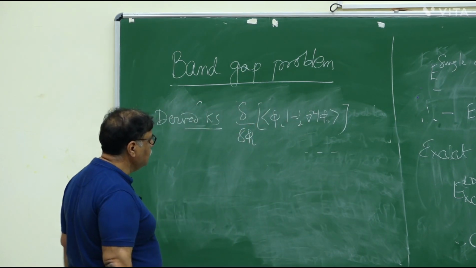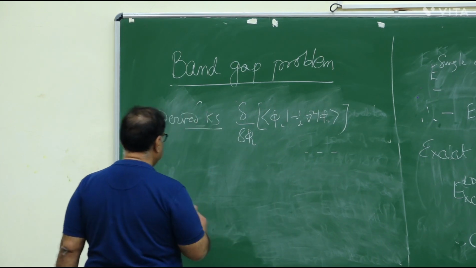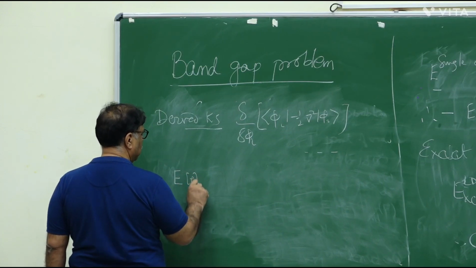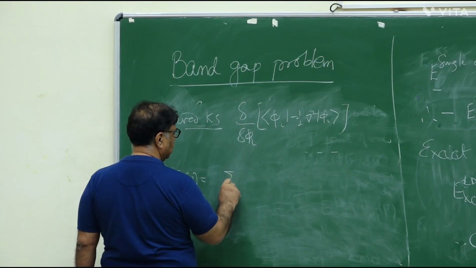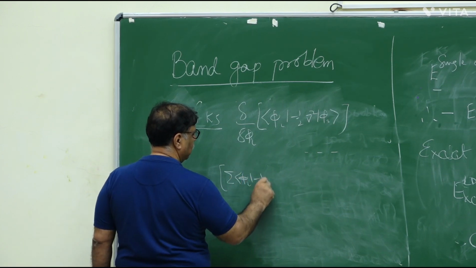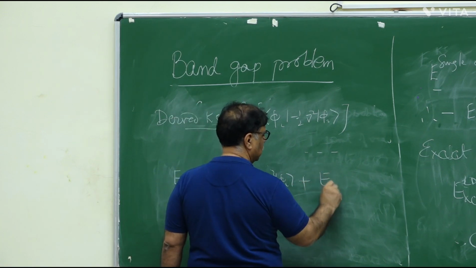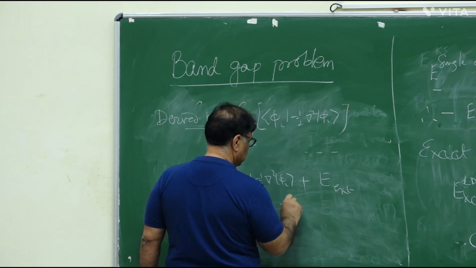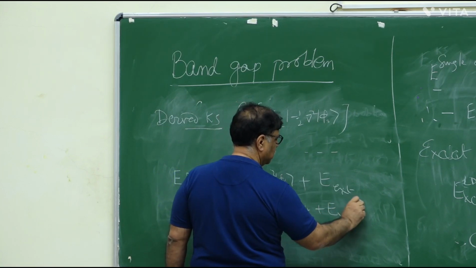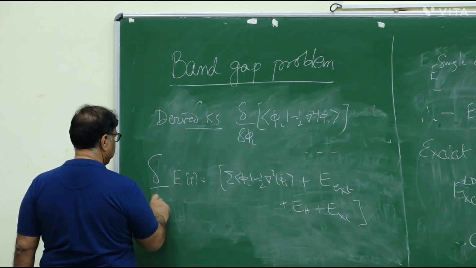Yeah, and the potential came out to be the Kohn-Sham potential. I'll look at it another way. If I minimize the total energy, E[rho], which is given as minus phi_i half del square phi_i plus E external plus E Hartree plus E exchange correlation, I minimize this with respect to phi_i.